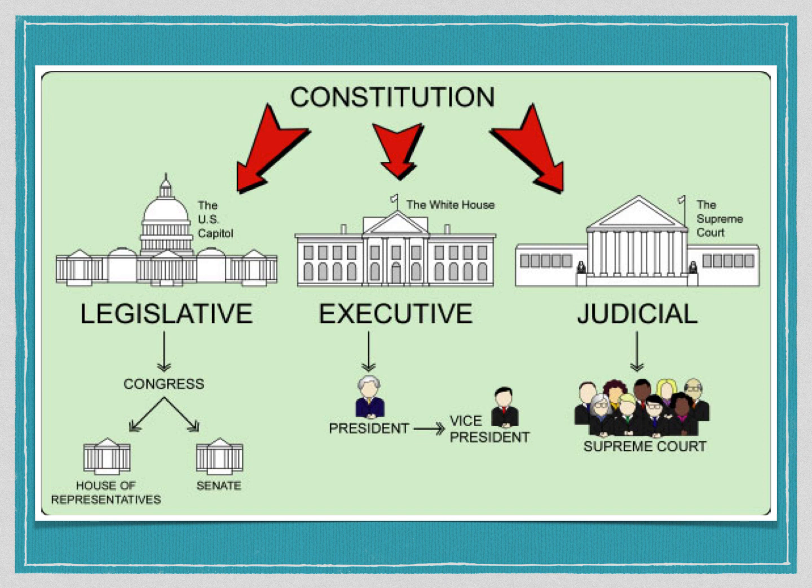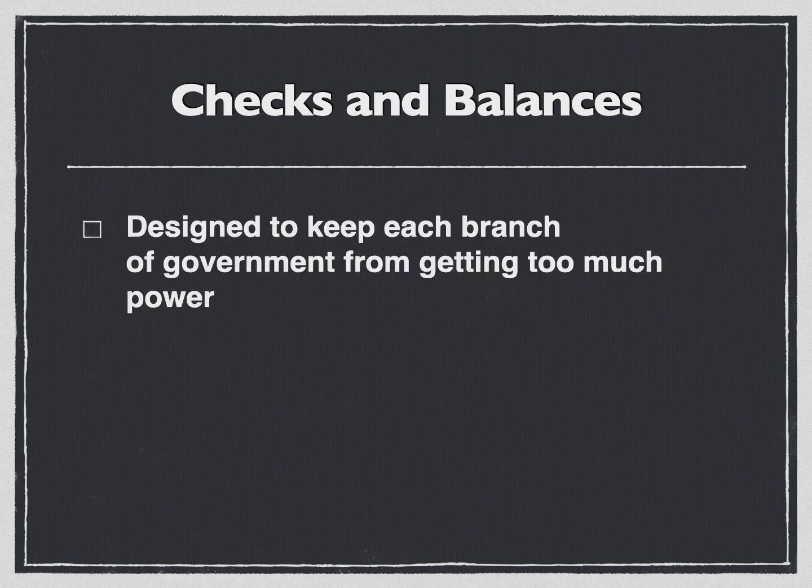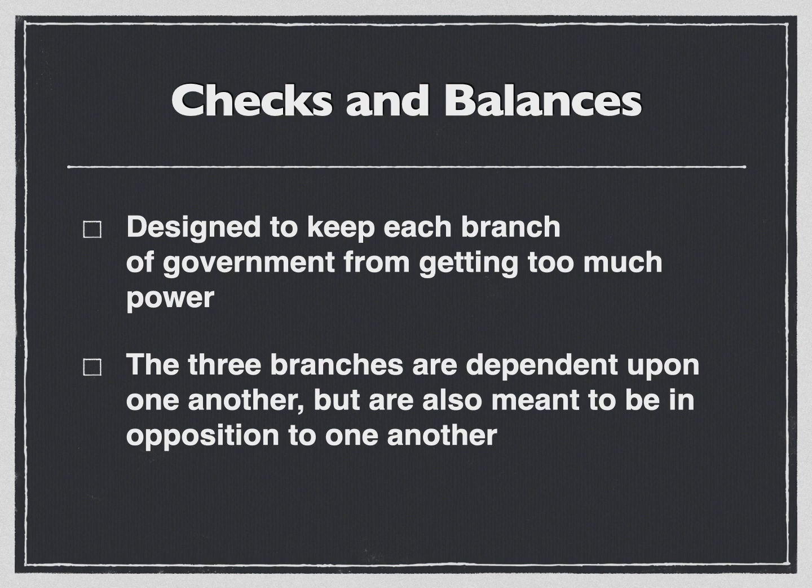Now, because we have this tricameral government, 3 different sections of government, that creates for us checks and balances. This idea of checks and balances was designed to keep each branch of government from getting too much power. The 3 branches are dependent upon each other.